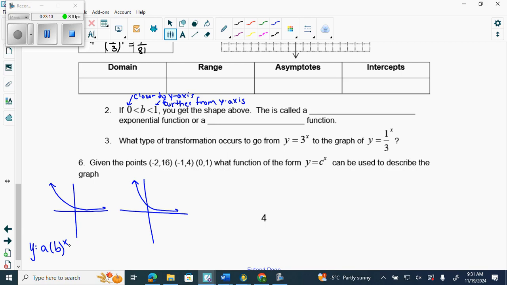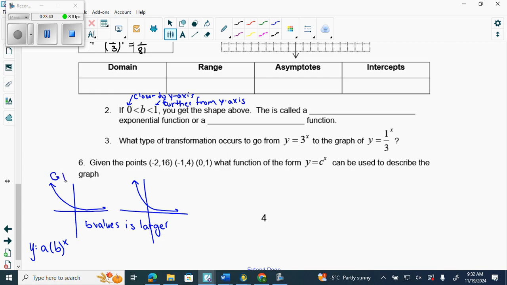I know this one's bigger than this one, because this one's a half, that one's a quarter, correct? See, that falls right out of your head. Can you not go to your calculator and put in a half and a quarter like we just did and see which one's closer to the y-axis? Can you not put in trial and error values? You absolutely can. I would know that when I typed it in, a quarter was closer to my y-axis. So this one's b value is larger.